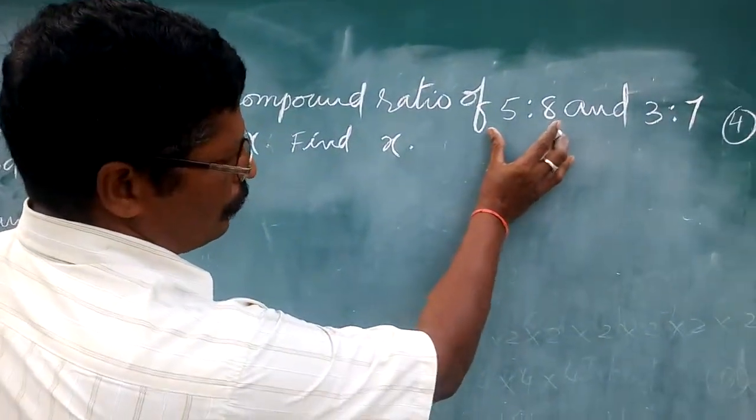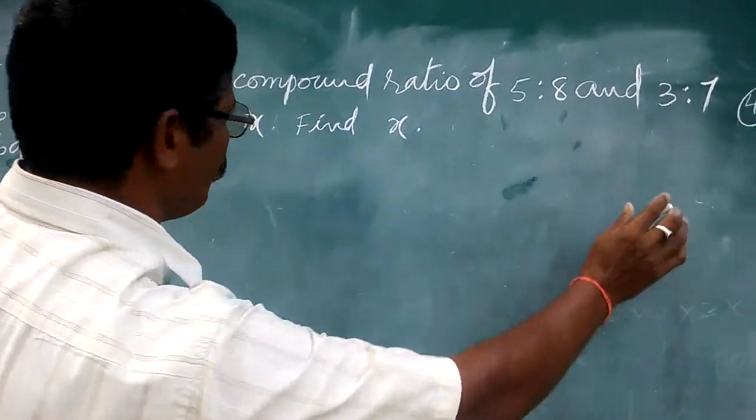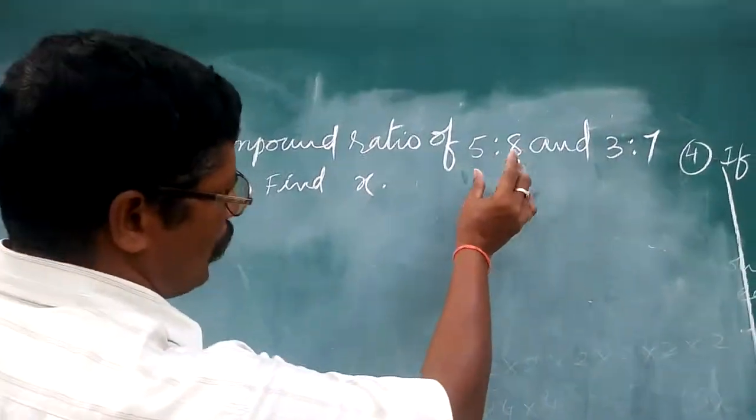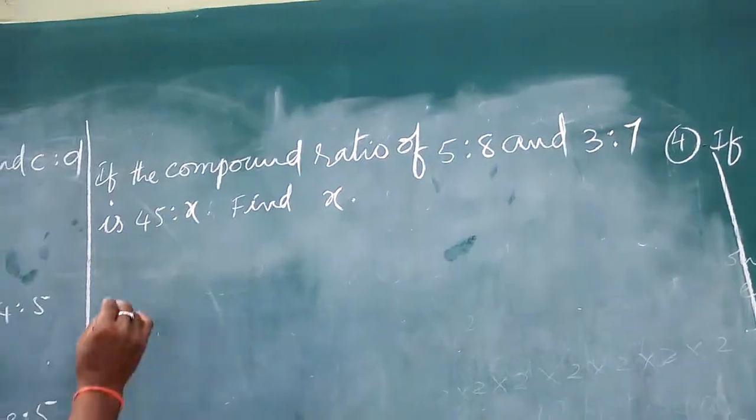This is one ratio, this is another ratio. First of all, find the compound ratio of these two ratios.